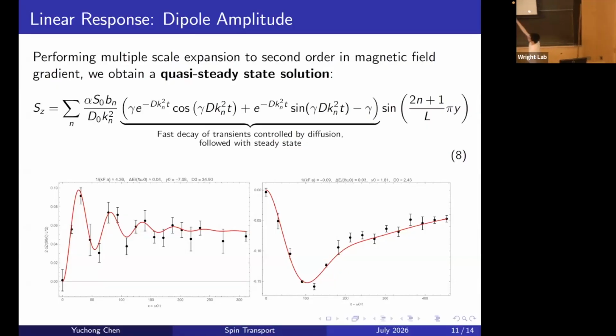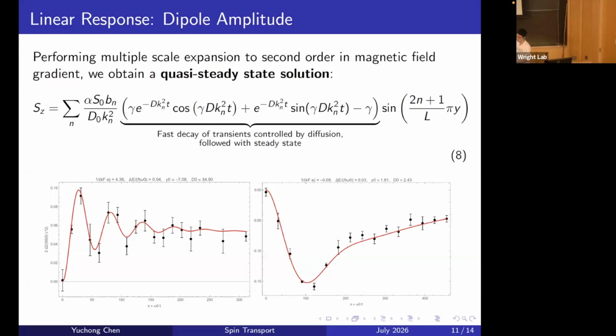Within the first bracket, we see that the first two terms are exponentially decaying plus oscillation. So this is why you see that the oscillation part is decaying. And this decay is very, very fast. So the decay rate of the oscillatory transient part is exactly the rate at which the spin Z dynamics will diffuse. And it basically characterizes how fast we can start to observe spin Z segregation.